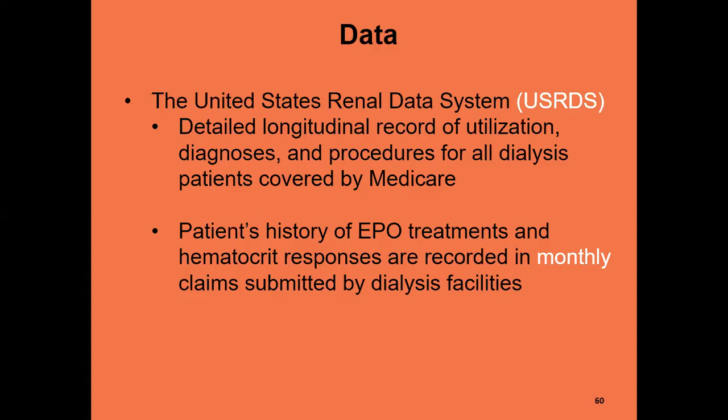The database provides monthly time-varying values of EPO treatment, including EPO dose, route of administration, and number of administrations, and also hematocrit values at the beginning of each month. So this rich database provides us with the opportunity to address complex time-varying EPO therapy research questions.